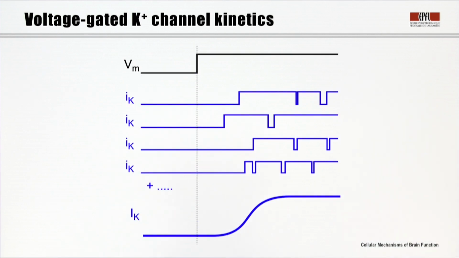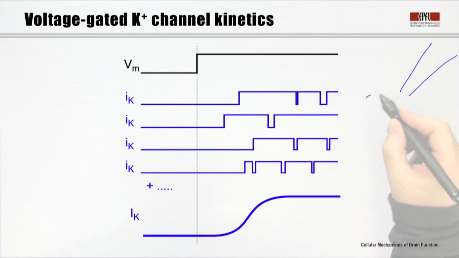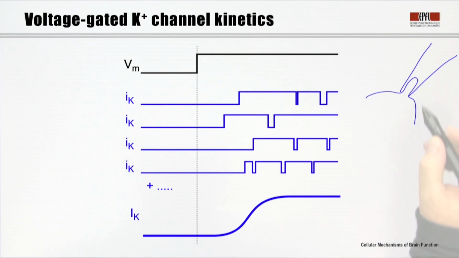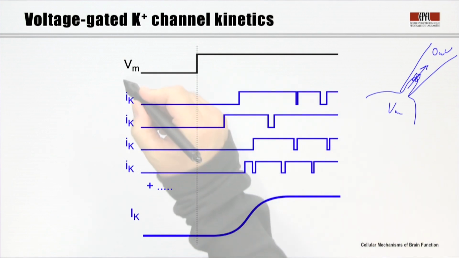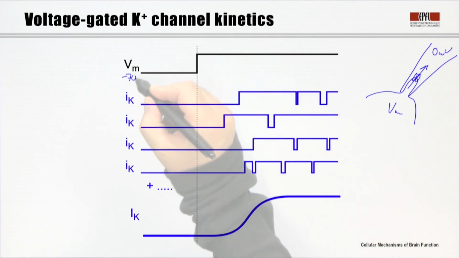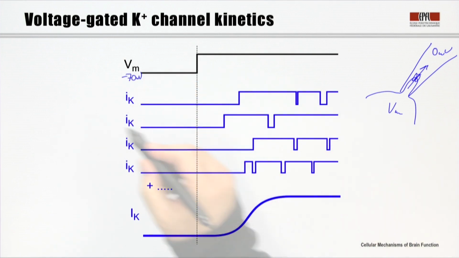For the voltage-gated potassium conductance, things are rather different. Again, we envisage a situation where we have a glass patch electrode sucking a bit of membrane inside it, and inside this membrane we now have a potassium conductance. We can choose the membrane potential through the patch clamp amplifier, and again we start at minus 70 millivolts, where the ion channel is closed.